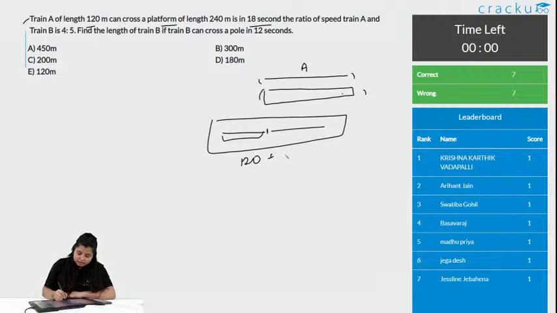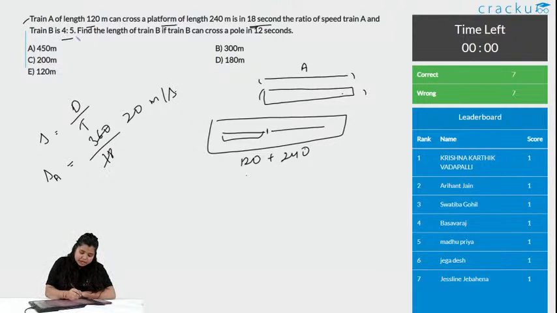120 plus 240, and we know speed is equal to distance by time. So speed of train A will be 120 plus 240, that is 360, and the time given is 18 seconds. So it is 20 meter per second. Now we know that the ratio of speed of A to speed of B is 4:5.